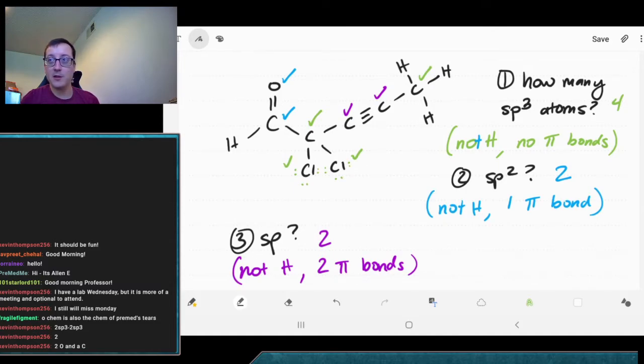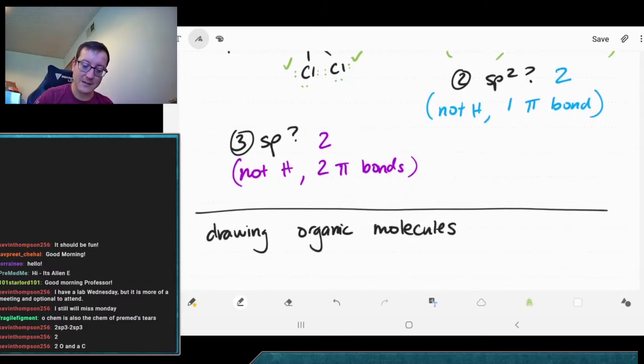We typically don't draw Lewis structures like this in organic chemistry because it just takes too much time. And plus, since most bonds are going to be carbon to hydrogen, just drawing those in every single time gets a little bit tedious and messy.